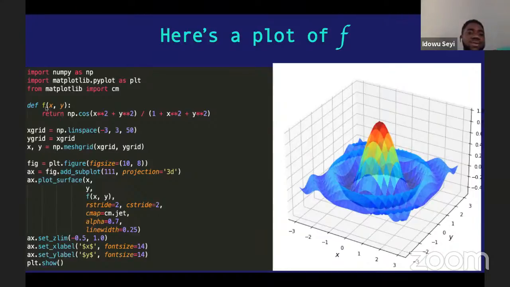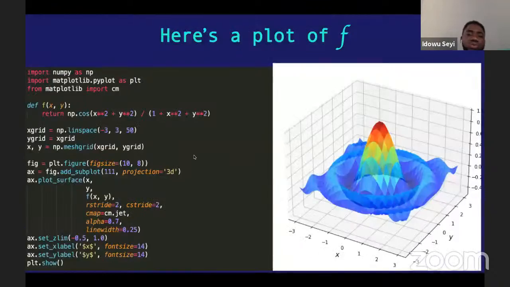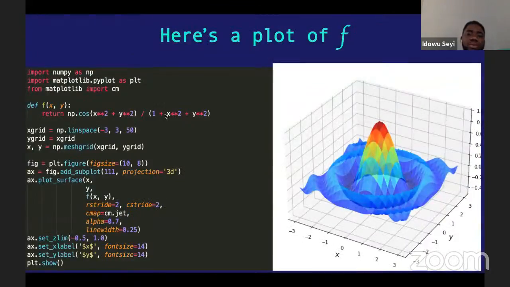So we are defining f of x, y equals cosine of x raised to power 2 plus y raised to power 2, divided by 1 plus x raised to power 2 plus y raised to power 2. So we are trying to run this code.